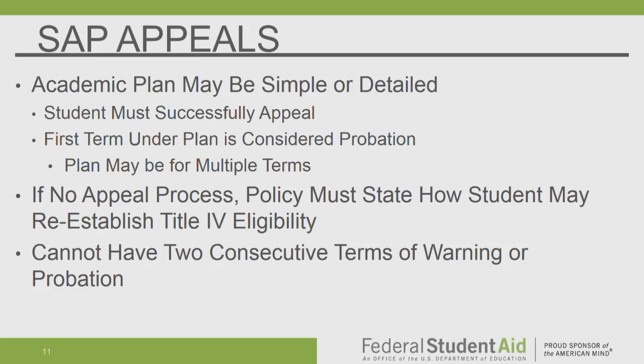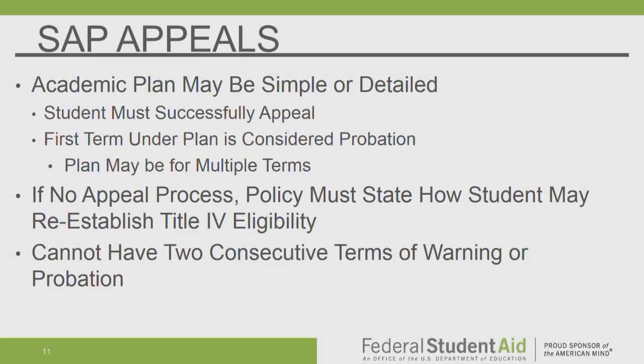Again, be careful too, don't go too long, right? So you can't just say, well, here, I'll just get this till you finish your program, all right? So you have to be reasonable about your plan. I would say most students, if they're not going to be making SAP within a couple of semesters or terms, they're probably not going to be successful in your program.